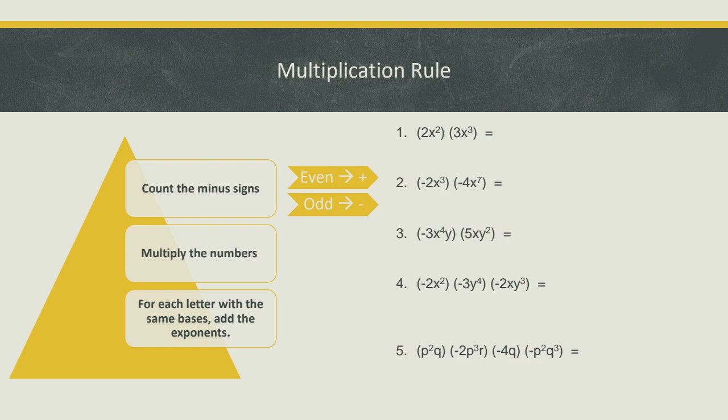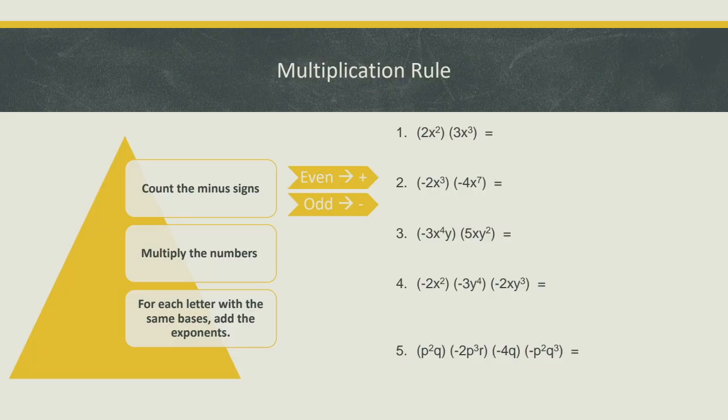Okay, so for these questions, we have the same thing happening here, but we're just going to do some more practice. Now we have numbers that have a sign in front of them. So that's kind of why we started with the signed numbers first. And now we're going to tie everything together. If you're not going to use a calculator, then you have to know these rules. So we want to count how many minus signs we have.